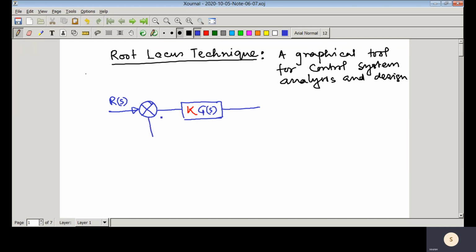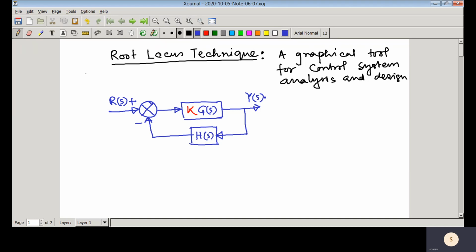So this is the closed loop. Suppose the feedback transfer function is H(s). We have considered negative feedback, and this is the measured output.